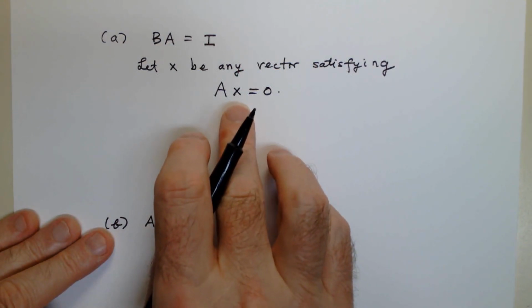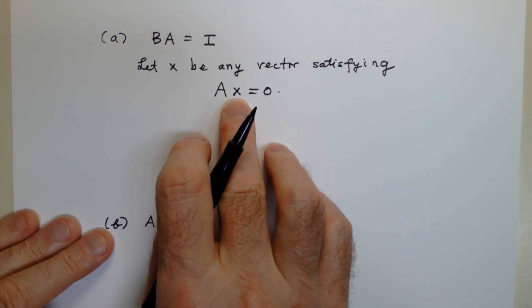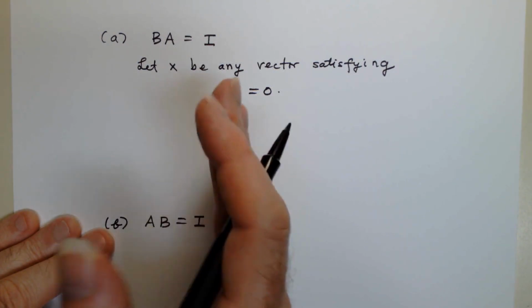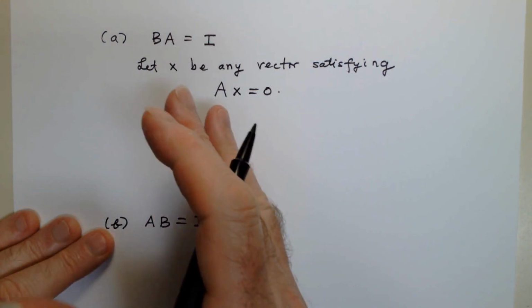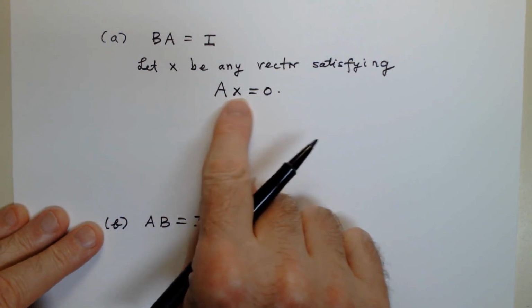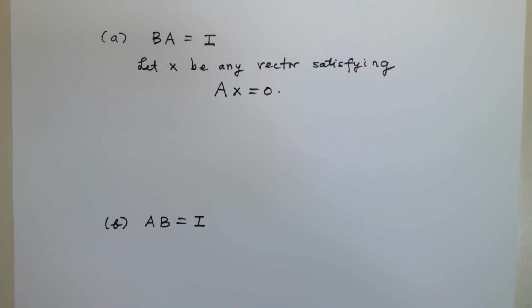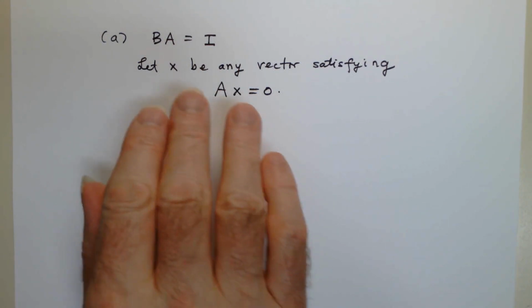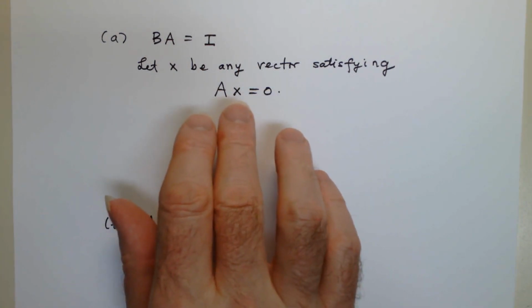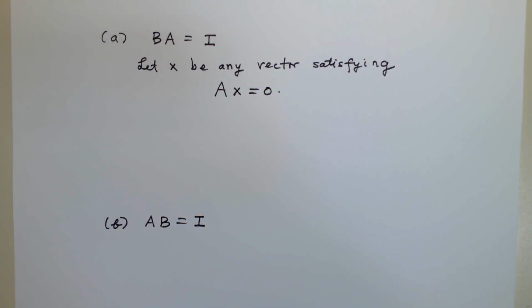Now we always know that there's one vector that satisfies this equation, namely the vector consisting of all zeros. So the so-called trivial solution is always a possible solution to this. But in this opening move in this proof, I want to just assume that x is any vector satisfying this equation, that Ax equals 0.